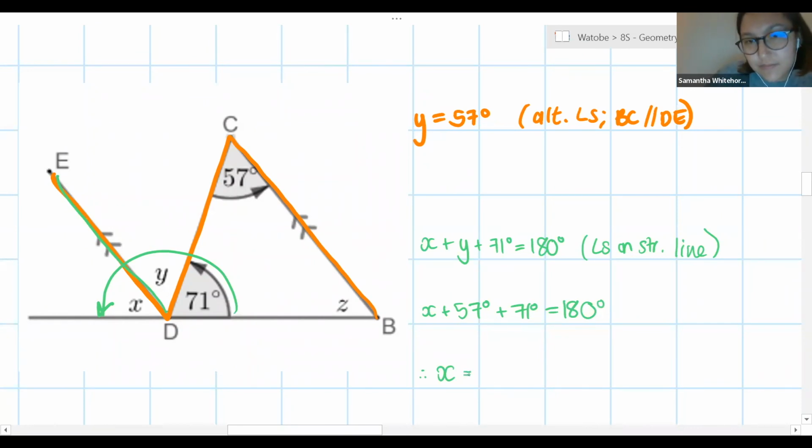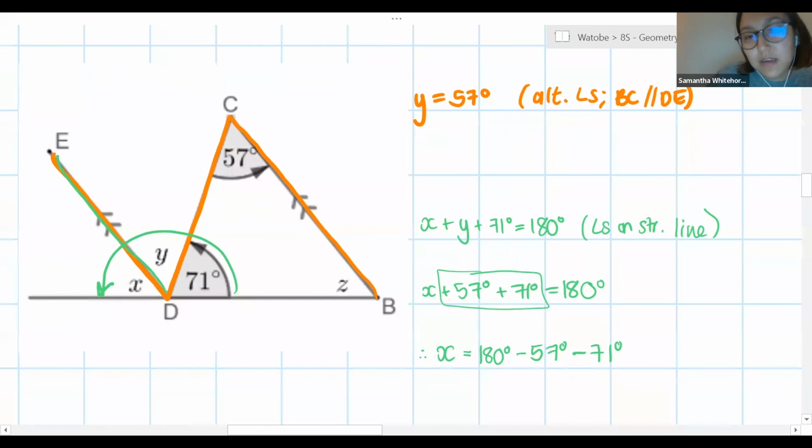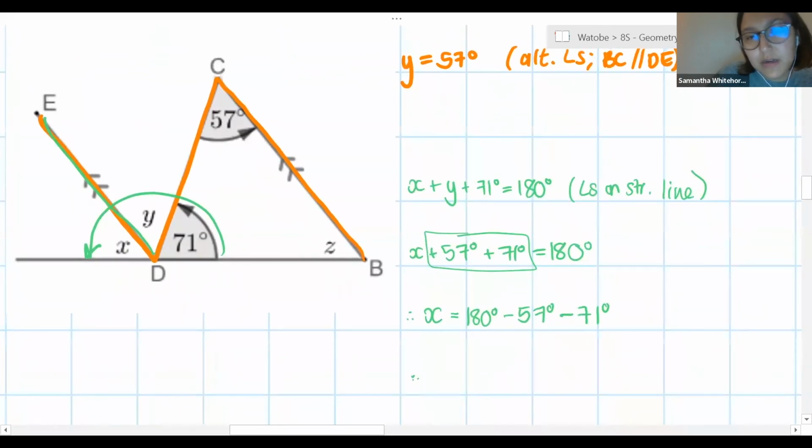I'll take the 57 to the other side, and I'll say 71 minus 57. Okay, cool. So we're going to take both of these to the other side and use those inverse operations. So I agree, minus 57 and minus 71 from 180. And so 180 minus 57 minus 71 gives us 52.